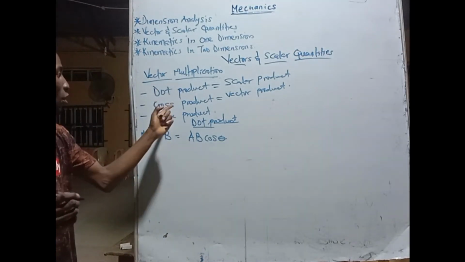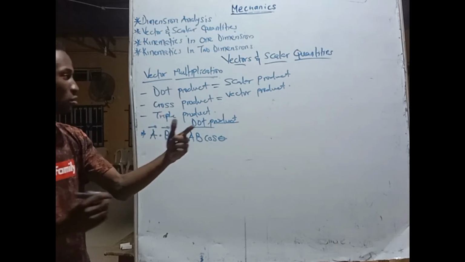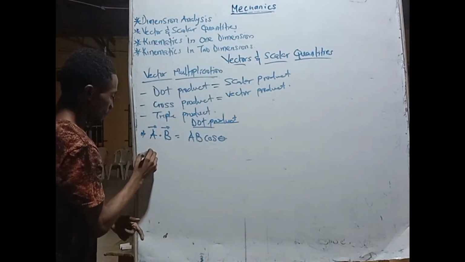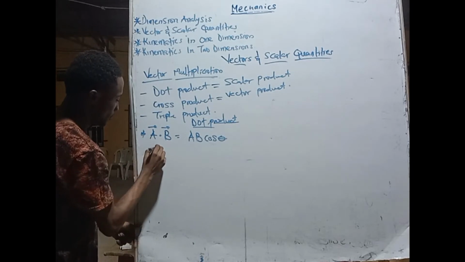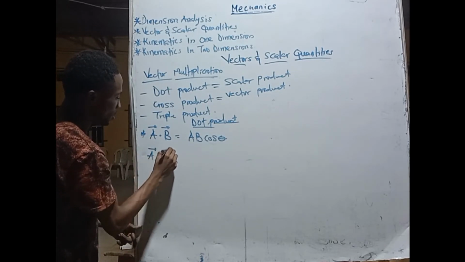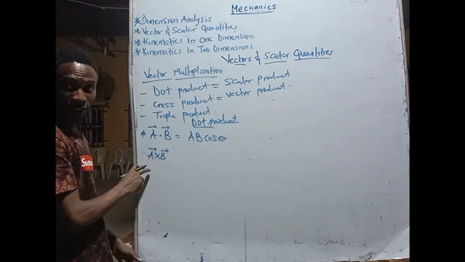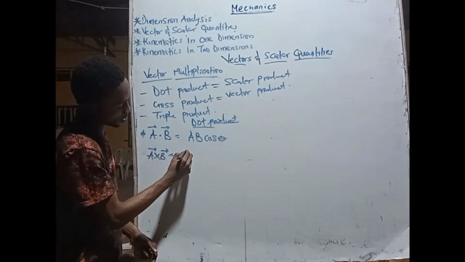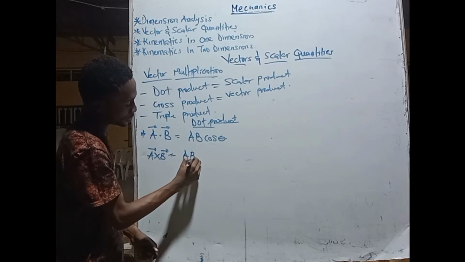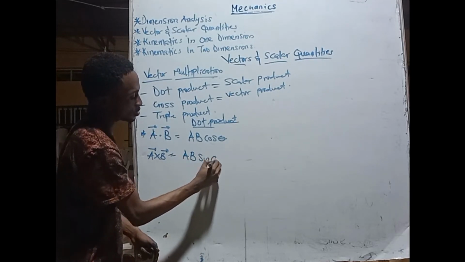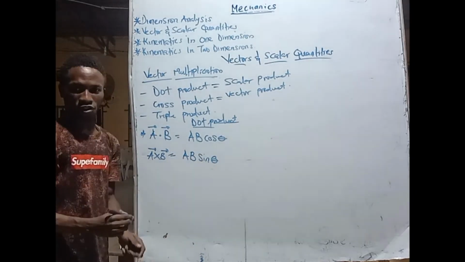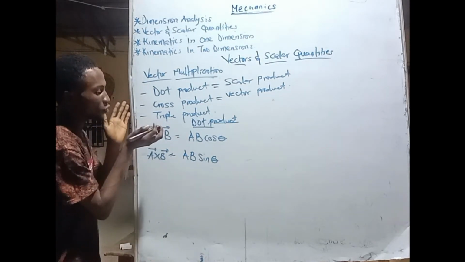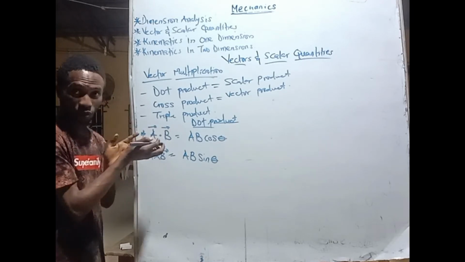But for the cross product, or vector product, it's vector A cross vector B, sorry, cross this time, equals AB sine theta. Do you understand? So that's the difference between the dot product and the cross product.